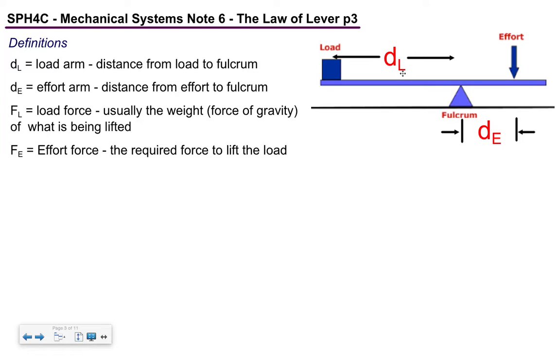So when you see the formula, D sub l means the distance from the load to the fulcrum. D sub e would be the effort distance, fulcrum to effort, sorry. And then load force in a lever is almost always just the mass of the object times 9.8. It's the force of gravity.